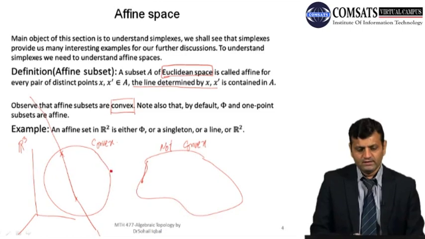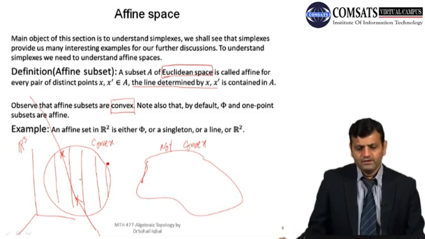Of course, if this is a bounded, let's say, sphere, then this is not an affine subset because the line determined by these 2 points is not contained in this set. Note also that by default phi and 1 point subsets are affine.